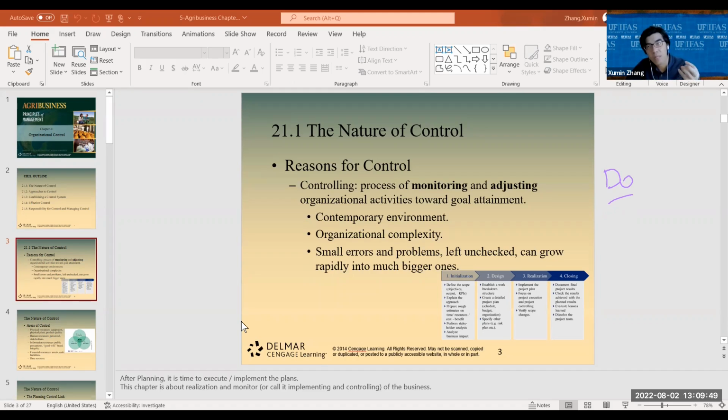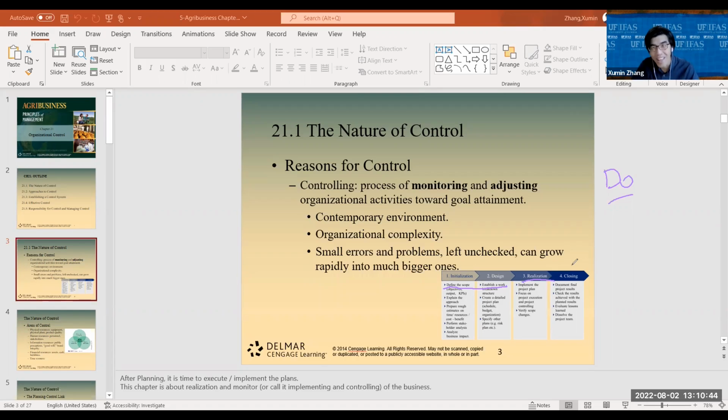I like to adapt a project management mindset, or project management thinking. If we talk about project management, the controlling phase is the realization phase. In other words, we talk about implementation and checking, which you can call controlling.